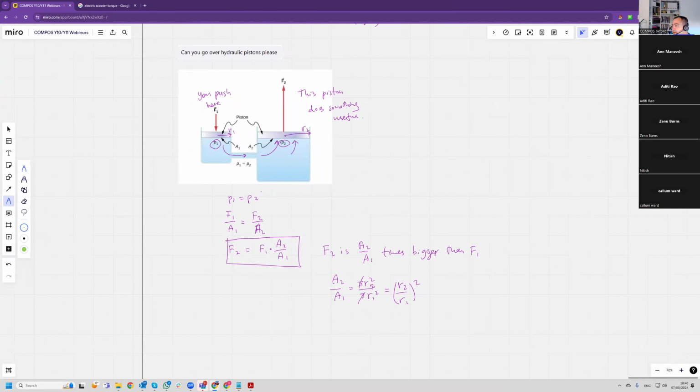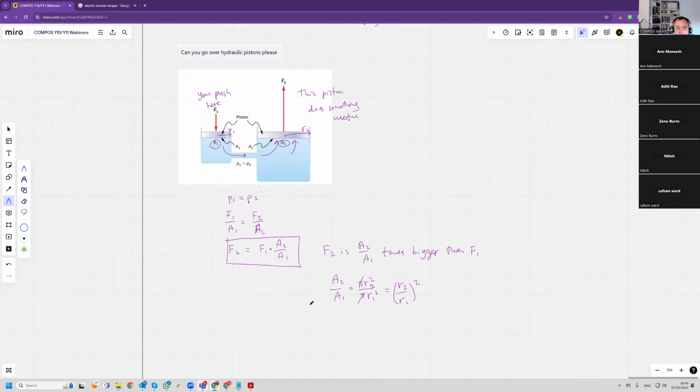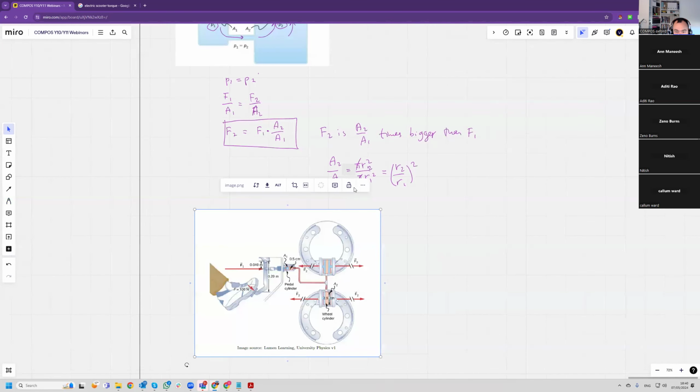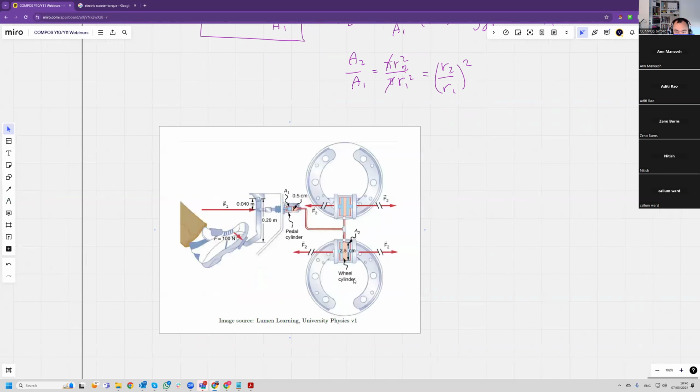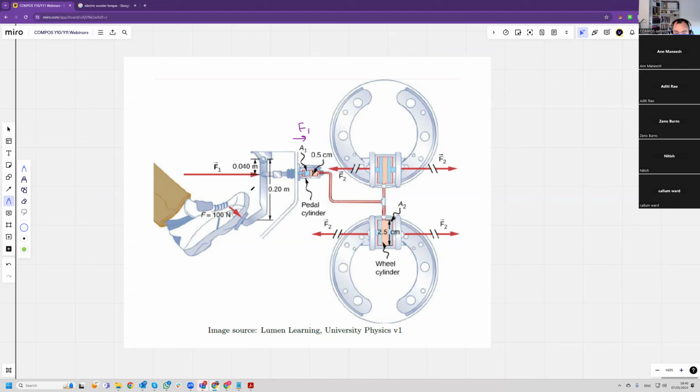So if we look at this system that is here, we have a force applied onto this cylinder. So there's a force here, F1. Well, that's not F1, because this is F1. This is the force we apply. It gets multiplied by this lever. And then there's F1 applied here, F1, A1.